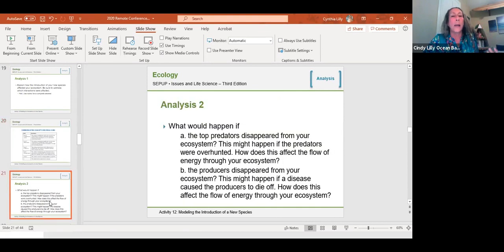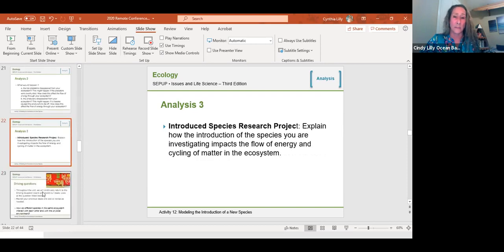It says, what would happen if the top predators disappeared from your ecosystem? So what would happen if some organisms were overhunted? And what would happen if the producers disappeared? So we start looking at other things that might happen inside of an ecosystem. Diseases, wildfire. Oh my gosh, you guys from California, this is a perfect example of talking about natural disasters affecting ecosystems.